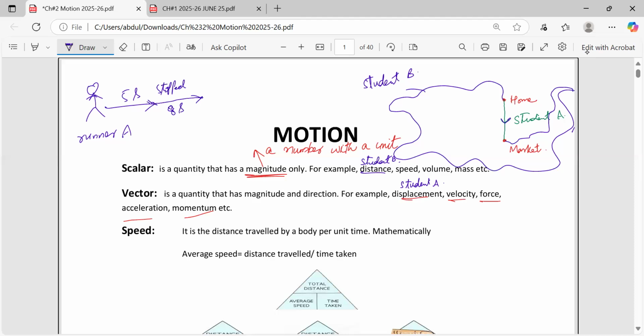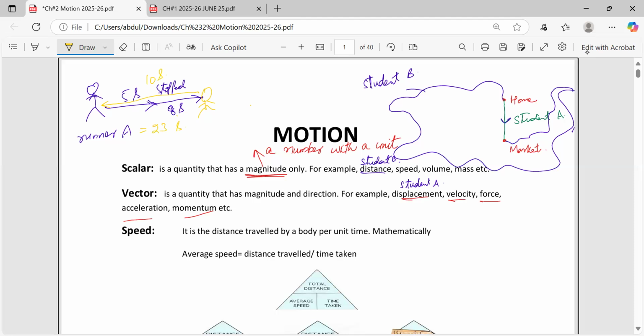Then from this position, he runs back, and he took 10 seconds only. Now, as I told you, time is a scalar quantity. Why is it a scalar quantity? If you are asked to calculate the time taken for this runner to reach his starting point, he took 5 seconds, then 8 seconds, and then 10 seconds. 5 plus 8 is 13, and 10 more is 23 seconds total time he consumed.